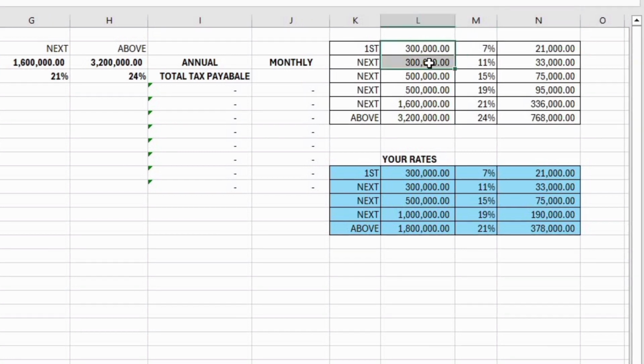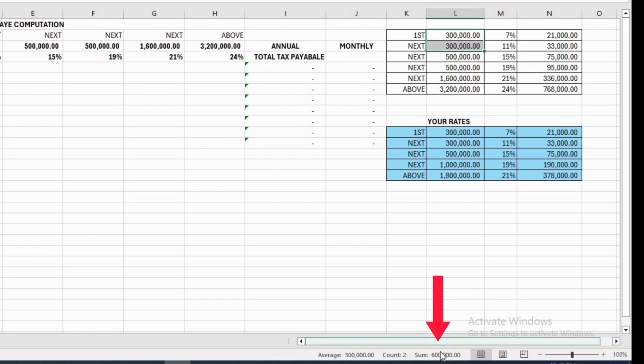But when the taxable income goes above 300,000 naira but less than 600,000 naira, 600,000 being the cumulative total of the first 300,000 and the next 300,000, the tax rate also increases to 11%. In other words, the extra above 300,000 naira and less than 600,000 naira will be charged 11% as tax payable.